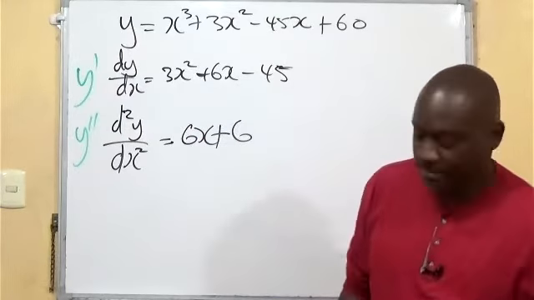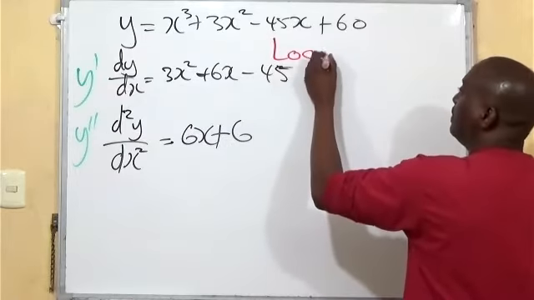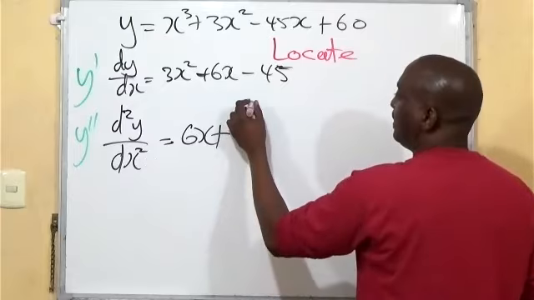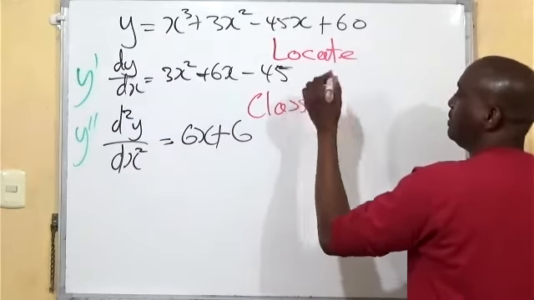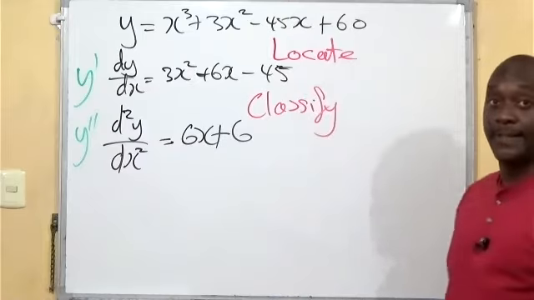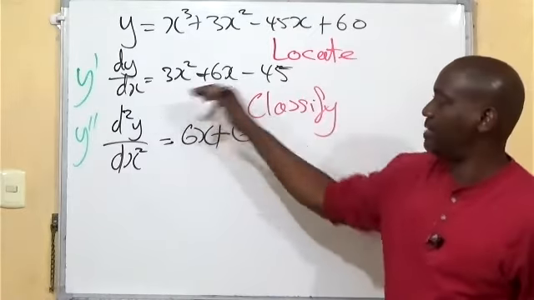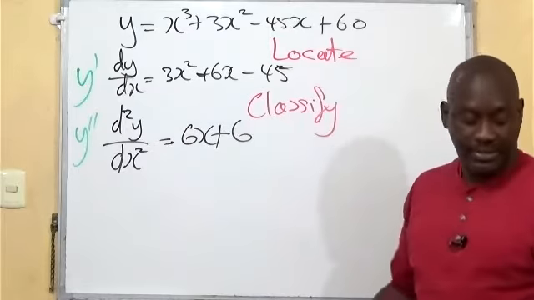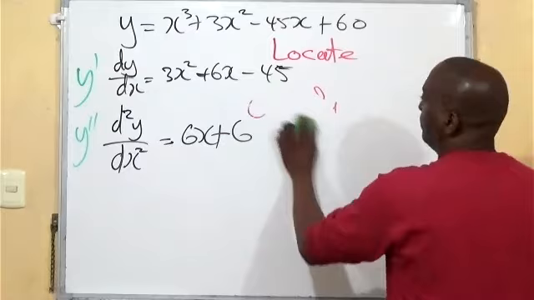And you're using d2y dx squared to classify the turning points, right? When you want to classify the turning points, you use the second derivative. Hopefully something in there will help you to remember what we're talking about.